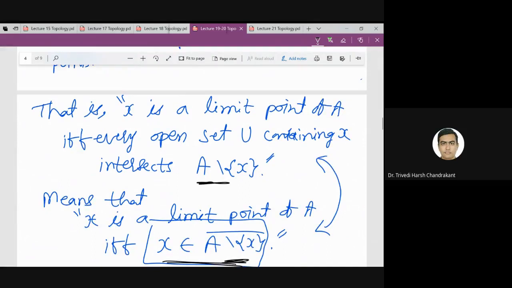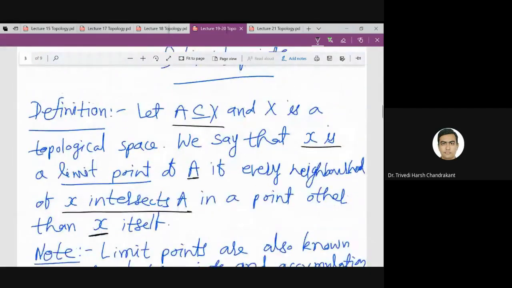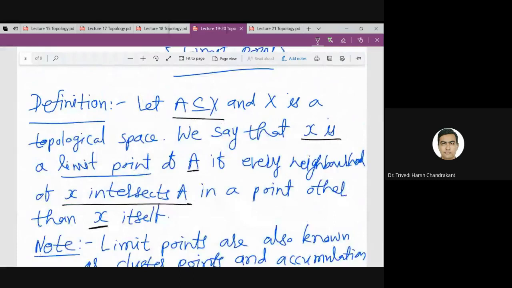So let me explain. We are saying that A is a subset of X. x is a limit point of A if every neighborhood of x intersects A in a point other than x itself.